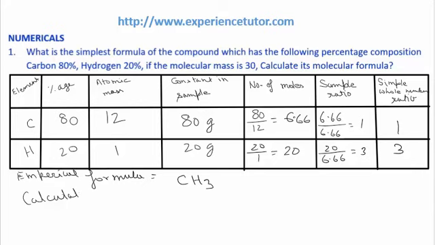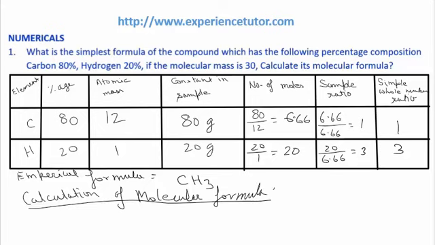Empirical formula mass is equal to 12 into 1 plus 1 into 3, which is equal to 15.